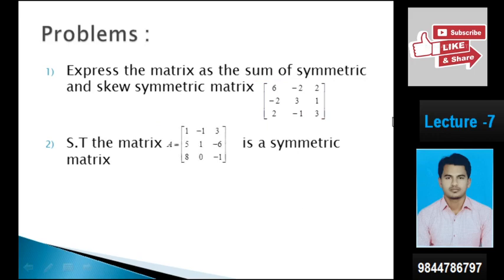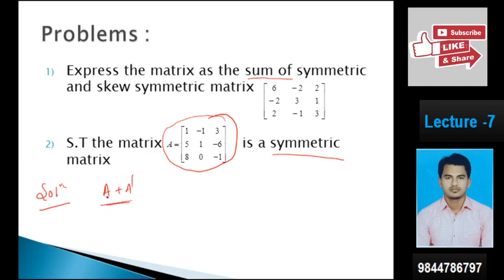In this example, I need to show that the given matrix is a symmetric matrix. It is not a sum of symmetric and skew symmetric; in the previous example there was a statement of sum of symmetric and skew symmetric. But here I need to prove this is a symmetric matrix. We know the condition: A plus A dash.